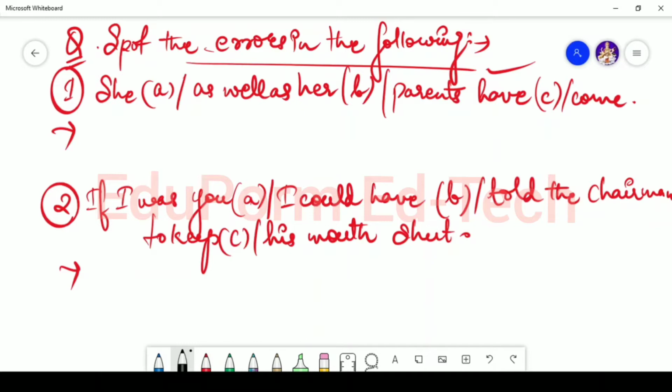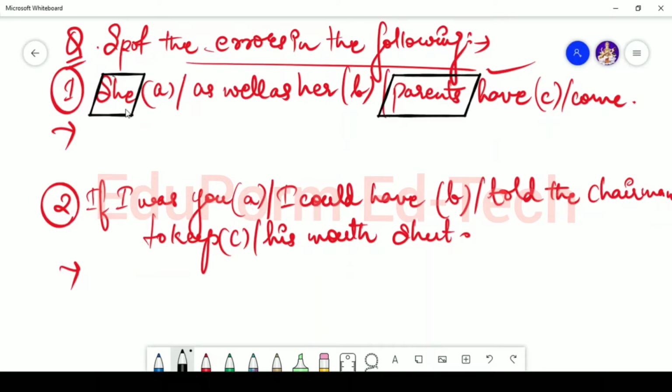So in this case, can you remember the rule we talked about? There was one rule where we discussed that if a sentence has two subjects and they make use of words like "as well as," in that case the form of the verb used is according to the nearer subject. So in both of these, which one is the nearer subject?